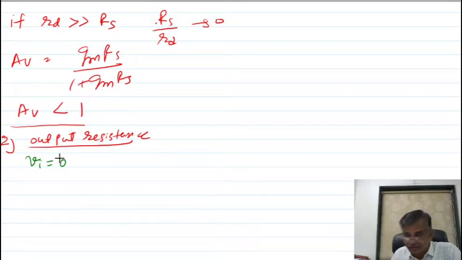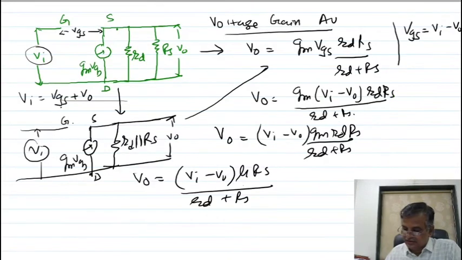Listen to the word: the output resistance can be calculated by making the input signal 0. It means I have to make this signal 0. You can find the output resistance by making this signal 0, which means this terminal is to be connected to the ground. Listen again, so this is 0.